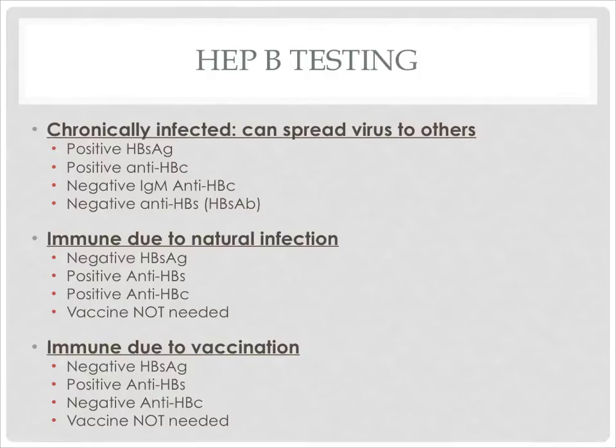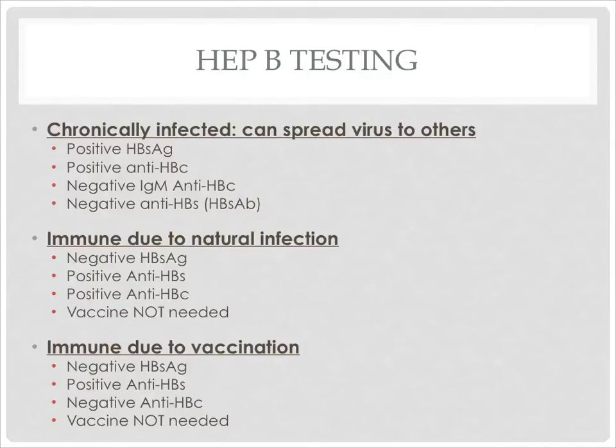Folks who have immunity due to the vaccination will also have a negative surface antigen. They'll have a positive antibody to the surface antigen, but they will have a negative antibody to the core. All right? In those folks as well, the vaccination is not needed.